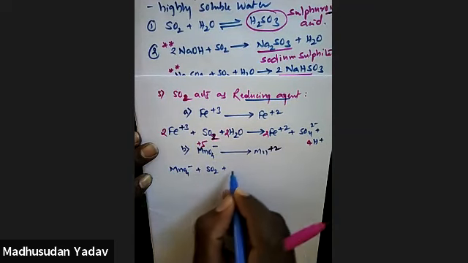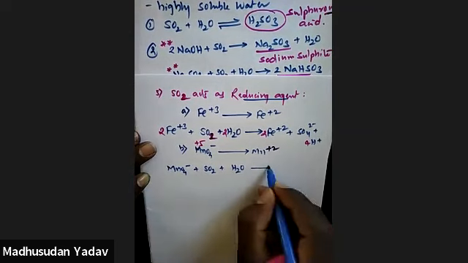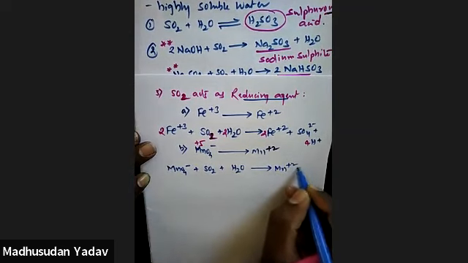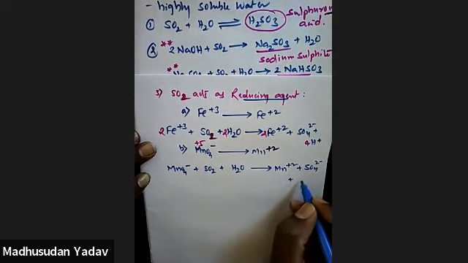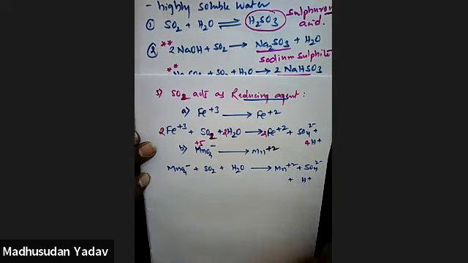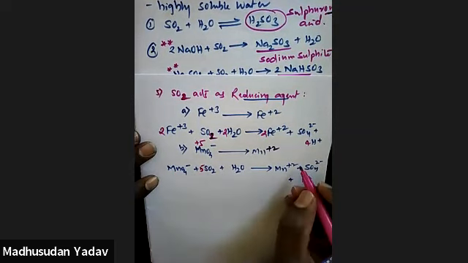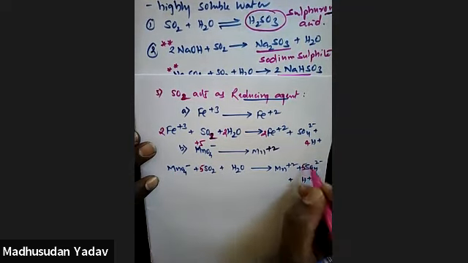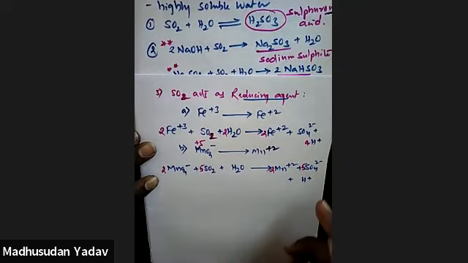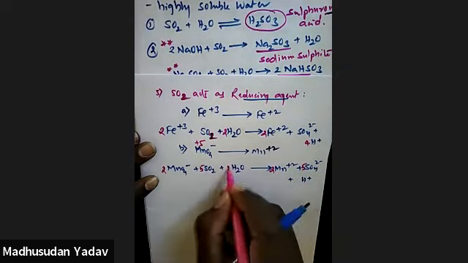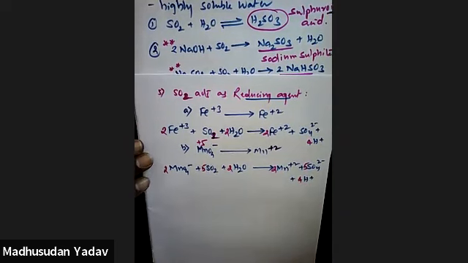Sulfur dioxide in the presence of water, converting into manganese plus 2 and sulfate ions plus H plus ions. So here 5 moles of SO2 converting into 5 moles of sulfate ions, 2 MnO4 minus, 2 manganese plus 2, H plus ions are 4. So it is a balanced equation.